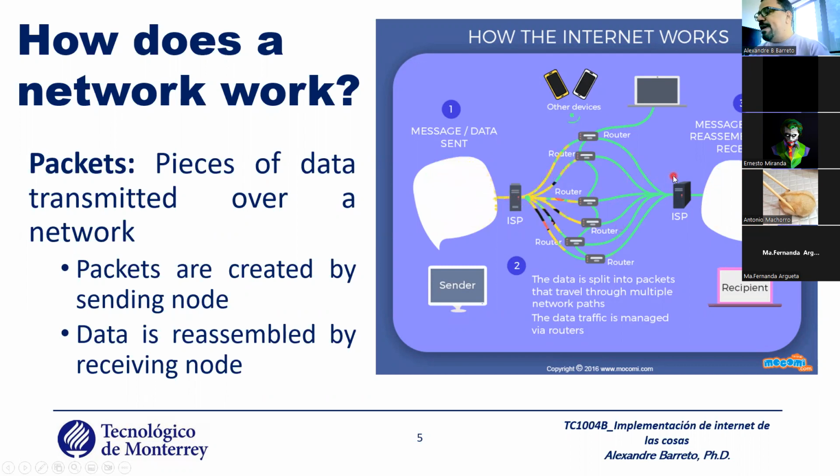You have different paths to reach the same destination. It is the main idea of the internet. It's what happens in the network. For example, when you type a WhatsApp message to me, it does not go directly. It goes through different paths, okay? It's what the network does.